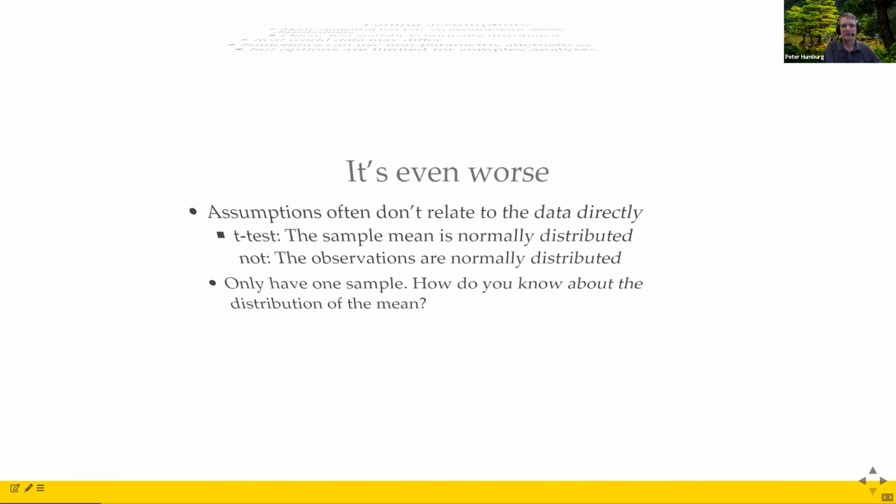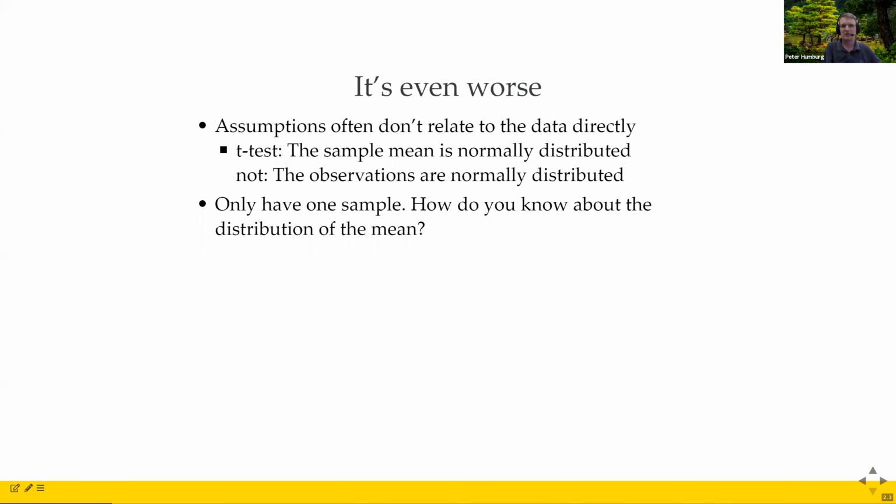And while we're talking about assumptions, it's maybe worth noting that often you don't even quite know whether your assumptions are violated or not, because they don't necessarily apply to your data directly, but they might apply to the distribution of your test statistic, right?